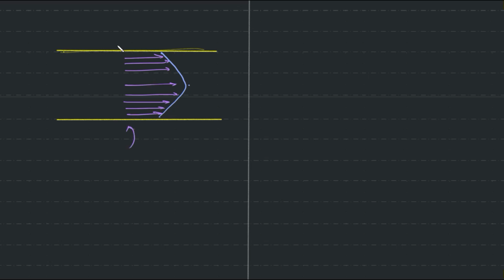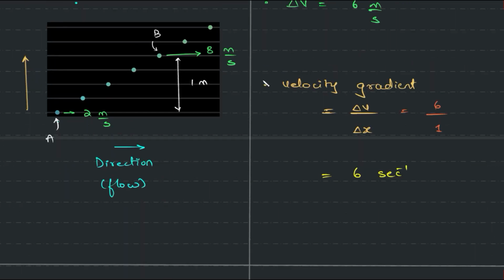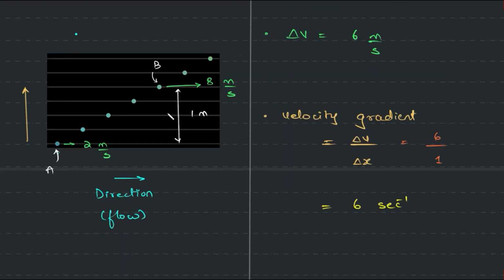So this is the end of the surface per se, or well, this is a container and this is a fluid. So you can see that in this space, the velocity gradient is increasing and then it's decreasing. Okay. So velocity gradient means slope.